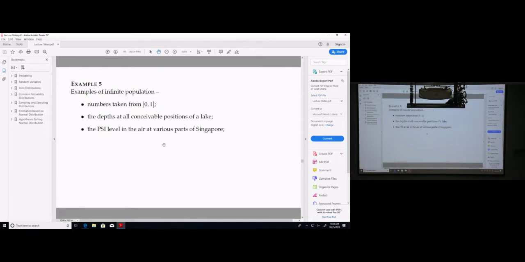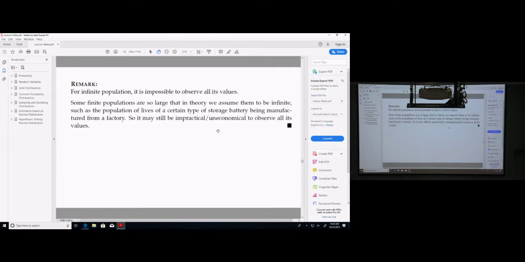Some examples: numbers from 0 to 1, known since the 19th century to be infinite and uncountable. The proof was due to Cantor. You can't enumerate them, saying this is number 1, this is number 2, and so on. Other examples are the depths of all conceivable positions of a lake, or the PSI level in the air at various parts of Singapore.